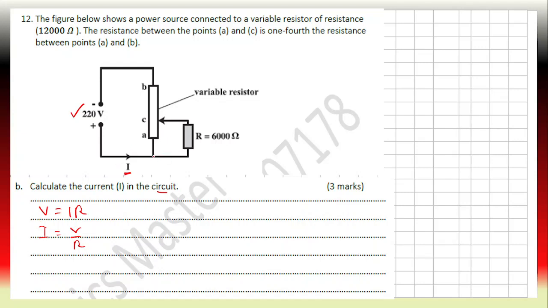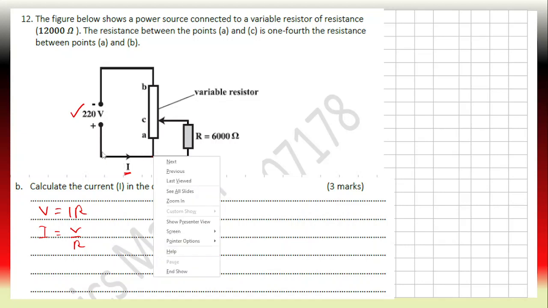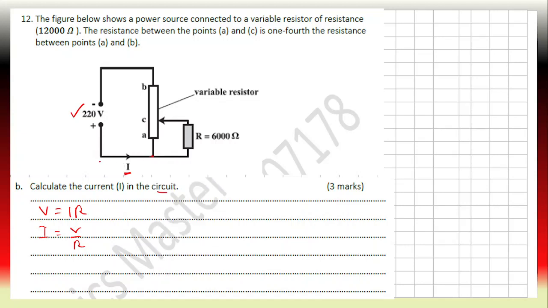Because the current I, when it gets here, divides itself into two parts. Unless we get the current in each branch and add them, alternatively we can combine these two resistors to form one resistor.